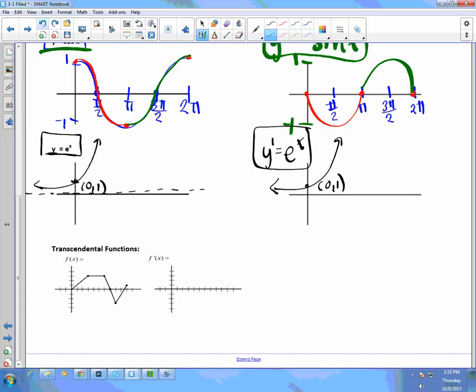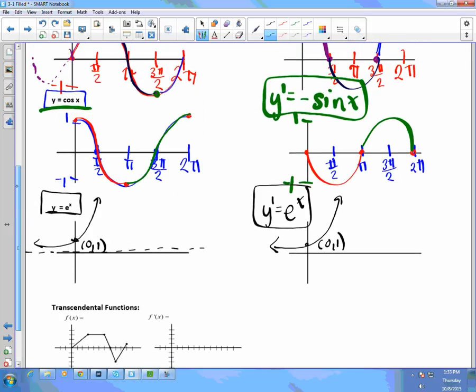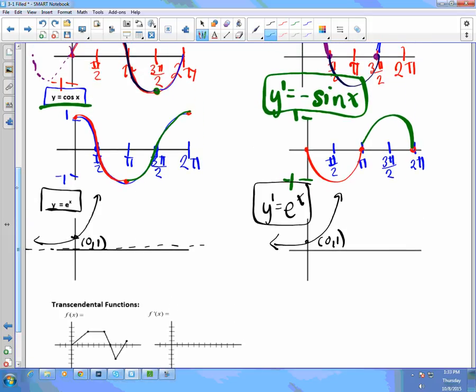And there's another relationship I thought we should talk about. Let's look back at cosine and sine. At what point, if you're traveling along the wave of cosine, are you going to have the steepest slope? Pi halves, right? Right here. Is the slope positive or negative? Negative. So this is going to be the lowest point in the negatives, right?